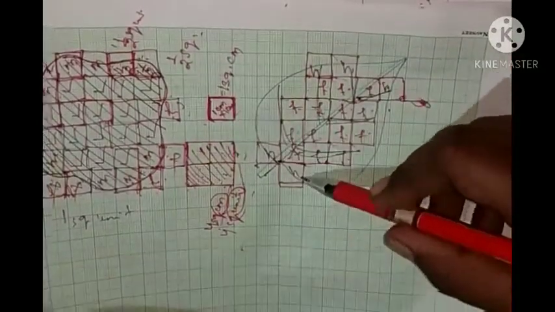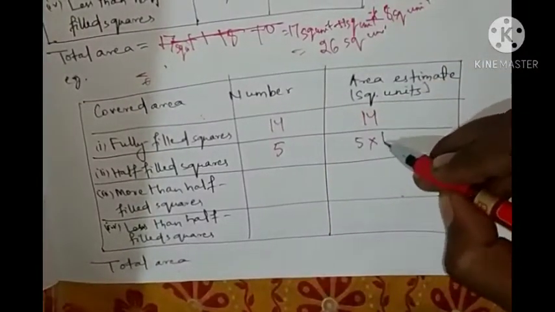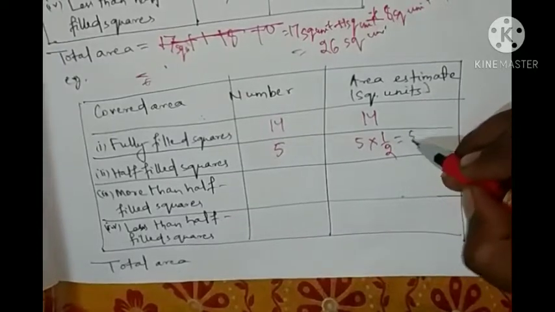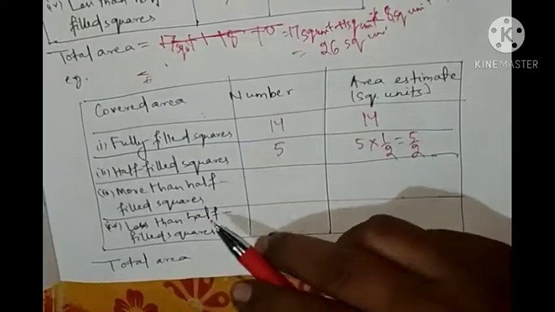So how many half filled squares? 5. What will you write? 5 into 1 by 2. So this is 5 by 2.